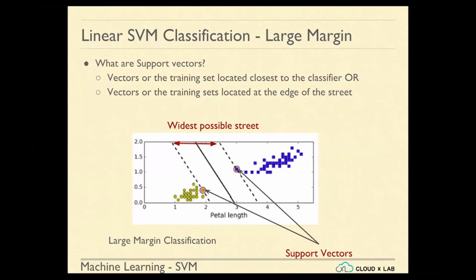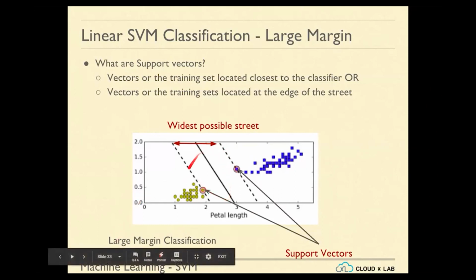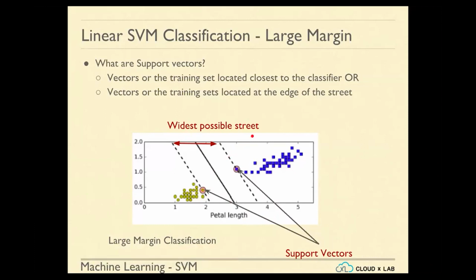Once we come up with the model, we use something else, correct? So during training, our objective is to figure out this widest possible street, and during prediction we use the decision boundary, not the widest street. Okay, so I hope that clears it. So that's exactly what SVM does.